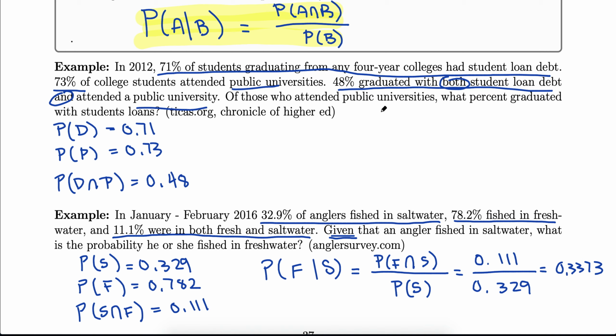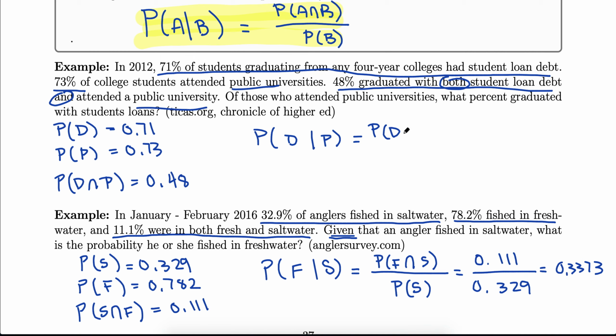It's only speaking about students that went to public schools. So that's our given information, the probability of public. What percent graduated with student loans or debt? There's our question. Take a moment on your own and let's try and set this up.